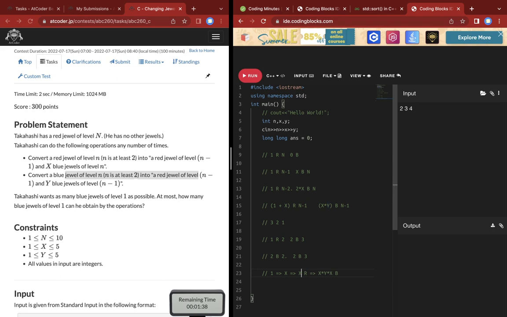So this is X red plus X into Y blue, right? So now X into Y. Why is this so annoying?